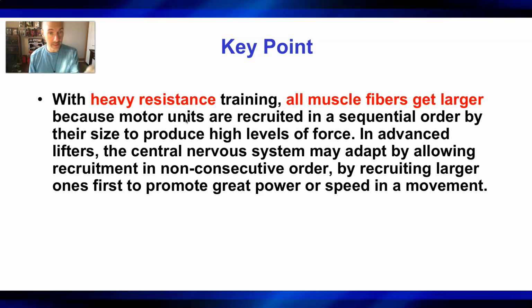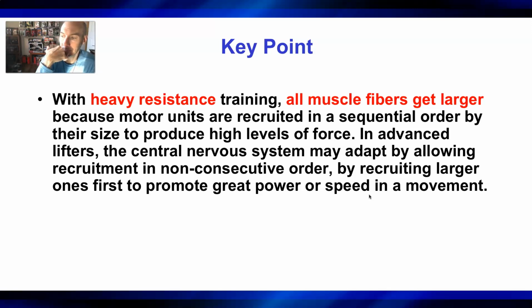Okay, so heavy resistance is one way, and or the speed of the movement, which is not highlighted here in red, but equally important. Moving things rapidly places a greater stress on your nervous system, and that's going to promote a greater level of adaptation, right?